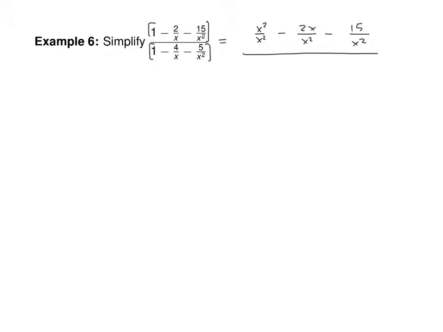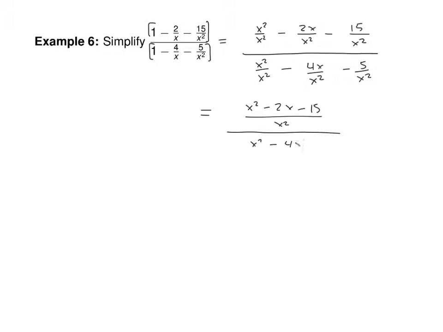Yep, bottom of page 3. Okay, so in the denominator, you're going to have x squared over x squared again, minus 4x over x squared, minus 5 over x squared. So that's the same thing as x squared minus 2x minus 15 over x squared, all that divided by x squared minus 4x minus 5 over x squared.